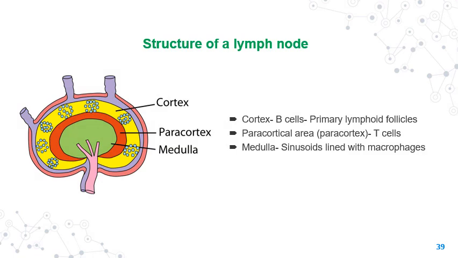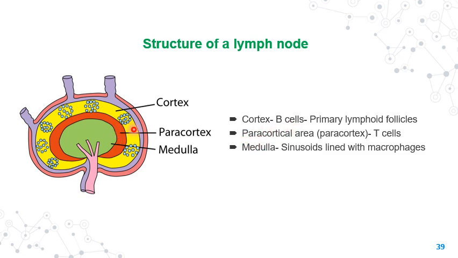All right, so structure of the lymph node. You have your cortex. So here you're going to find your B cell zone. You have your paracortex. You're going to find your T cell zone. And keep in mind, if the thing starts with P, that's where your T cells like to hang around. So paracortical area, same thing here.